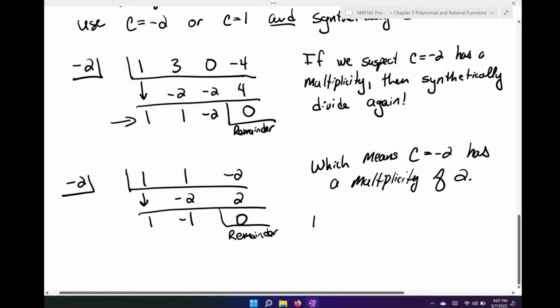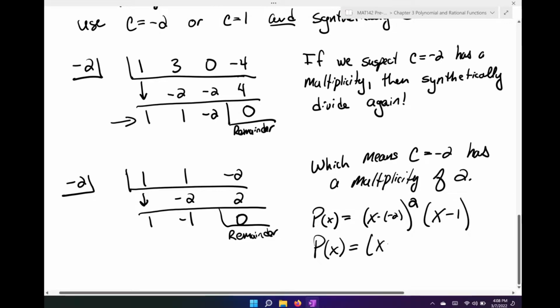So my factored form P of x is going to be x minus negative 2 quantity squared times x minus 1. And just to clean this up, P of x equals x plus 2 quantity squared, because you have that double negative, times x minus 1. And right there are all of our factors and multiplicities written out very neatly.